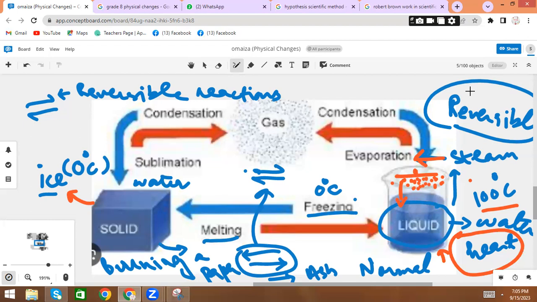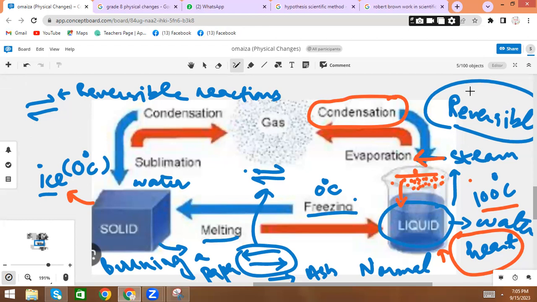Okay, is it clear, Umayza, about condensation? Yes. Okay. Condensation is basically the tiny gas particles coming back into their original state.